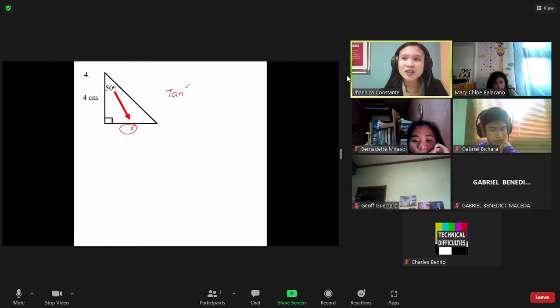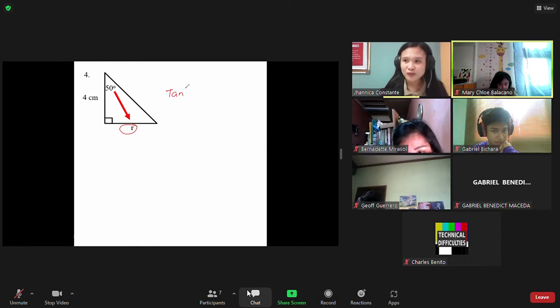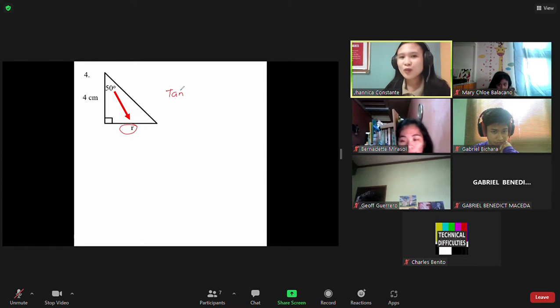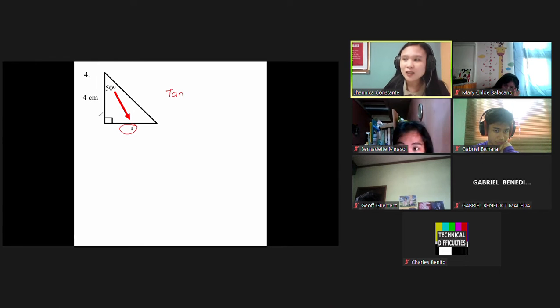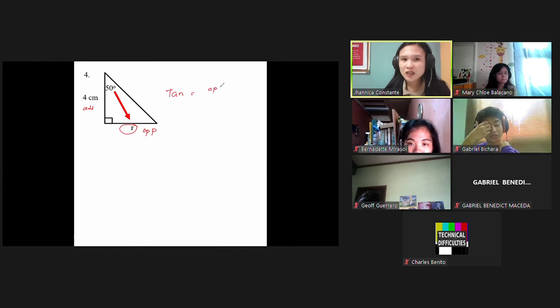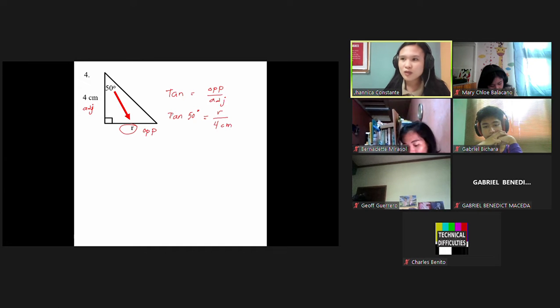Yes, it depends on the given. What are you going to use in the trigonometric ratio to solve? So we're going to use tangent since the given that we have is adjacent and opposite. And tangent has a ratio which is opposite over adjacent. So tan 50 degrees equals to opposite, which is R, divided by 4 centimeter, which is here adjacent.